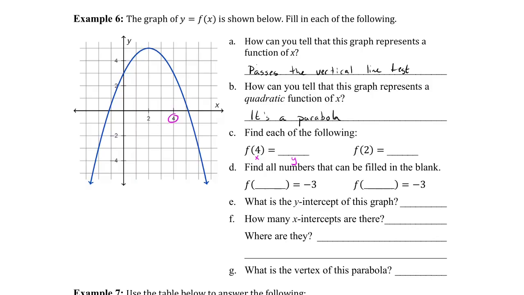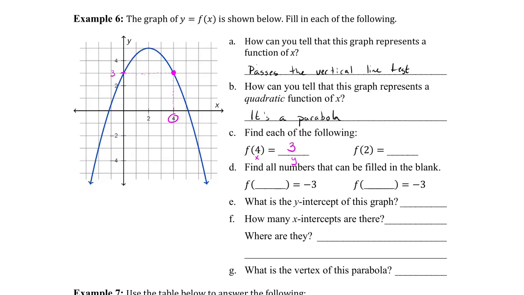So we find the 4 on the x-axis, we go up to the graph, we find this point, we see that its y-coordinate is 3. So f of 4 is 3.